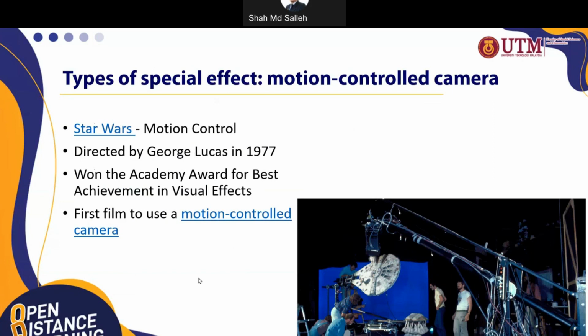Okay, An American Werewolf in London. You can see they are combining the real actors and the mechanical. Okay, so you can see from this example, the leg is mechanical, and then the actor is using makeup and the combination of the robotic prosthetics and robotic limbs.